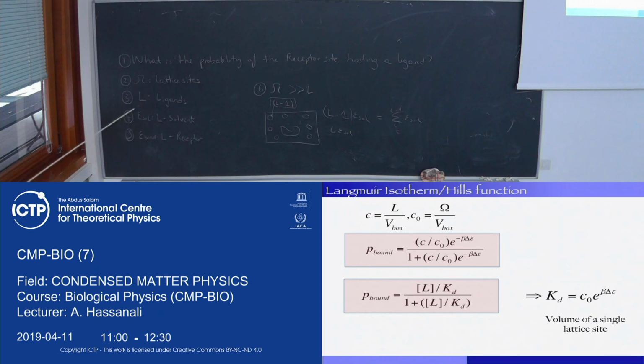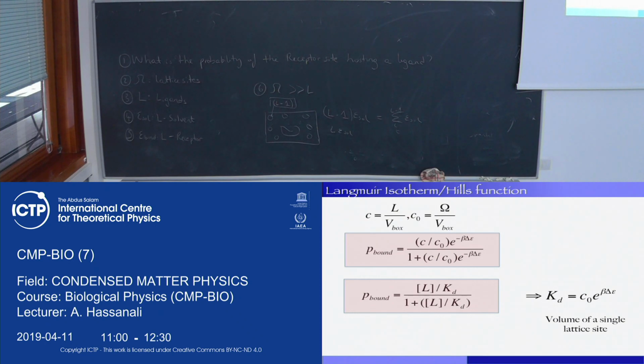I've also not included the ligand-ligand interactions. That's something that could be put into the model. There's also the possibility that I don't have only one ligand. I might have ligands and other things. Different types of ligands. L1, L2, L3, L4.